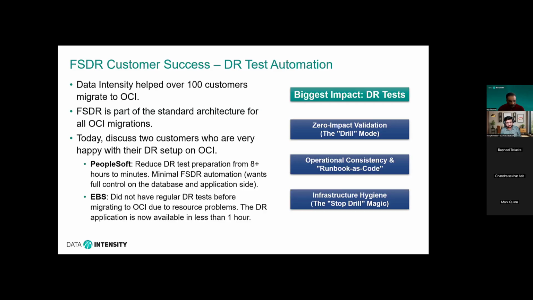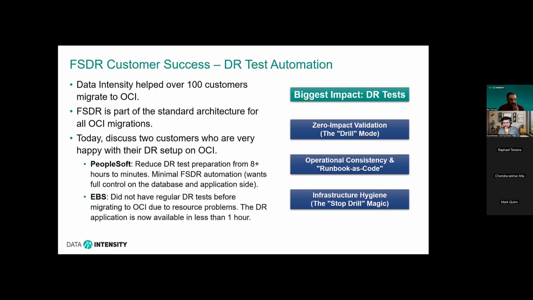Again, the biggest impact, as I said, is the zero impact validation, the drill mode. Basically, we can do DR testing very, very easily. And as Suraj mentioned earlier, the operational consistency is there. It's runbook as code, I would say, because we no longer have to depend on the heroes.